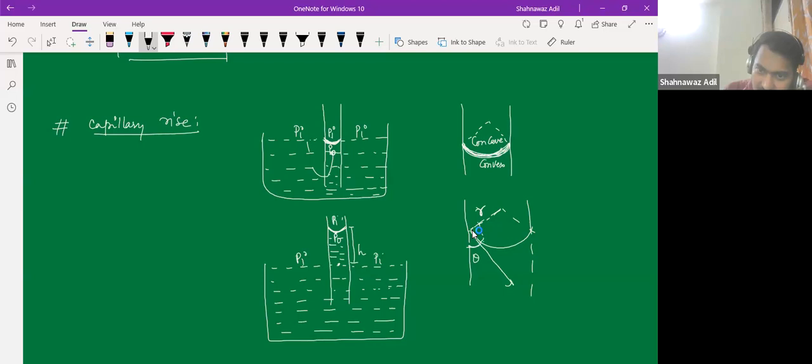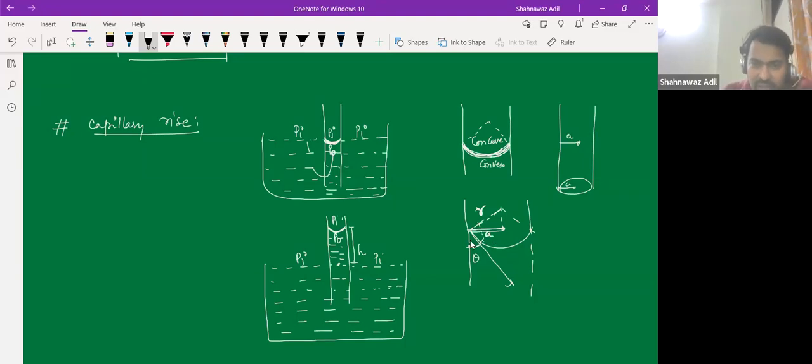And if I draw a distance A from here, so you have a cylinder, right? This cylinder has this radius. This part is circular, so it has some radius A. Similarly, this radius is A. You don't know the radius of the concave part. The only given thing that you know is the radius of this cylinder, right?